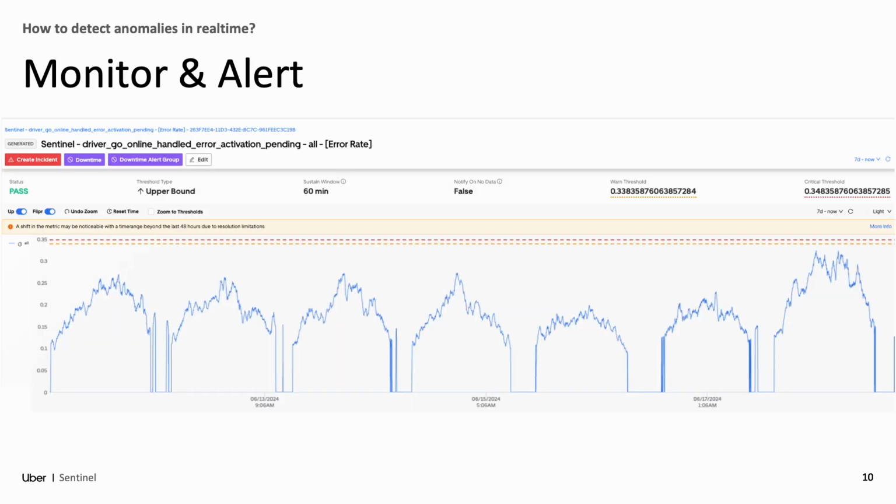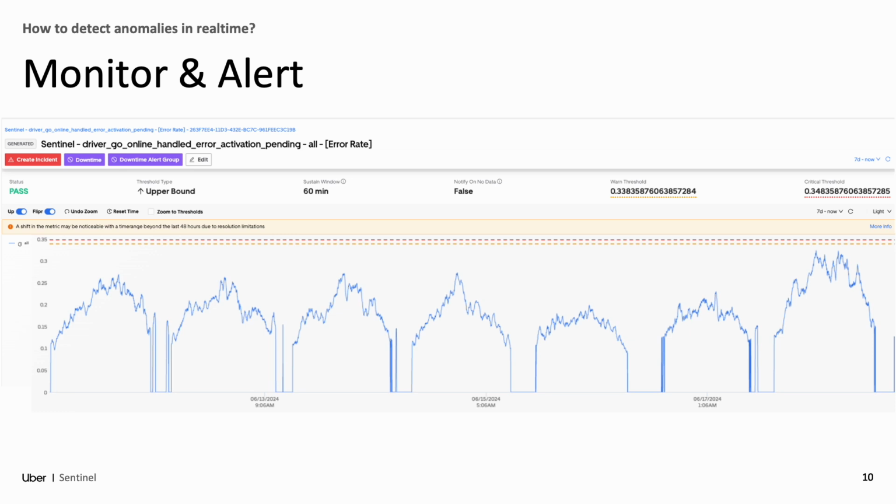Now, the problem left is, how do we get the historical data to generate this threshold and then detect anomalies in real time? Uber already has great infrastructure tooling to solve this problem. M3 is a time series database that also supports real-time queries and computation.